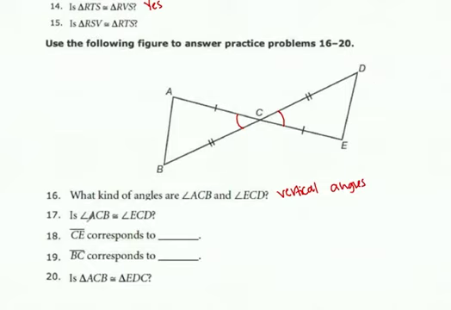Number 17 says, is angle ACB congruent to angle ECD? That is yes, and the reason is that they're vertical angles. All right, then it says CE corresponds to what? CE would correspond to CA.